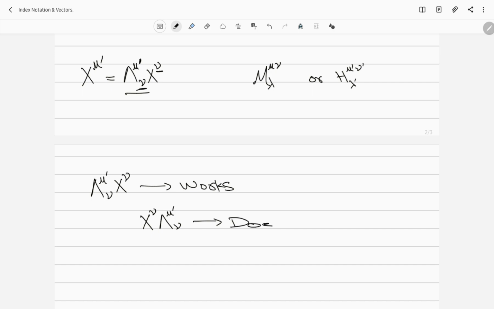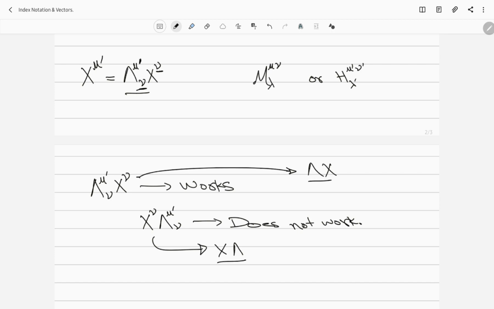This implies that you get something like Lambda x in one case, and x Lambda in the other. So in matrices, these two are not the same.